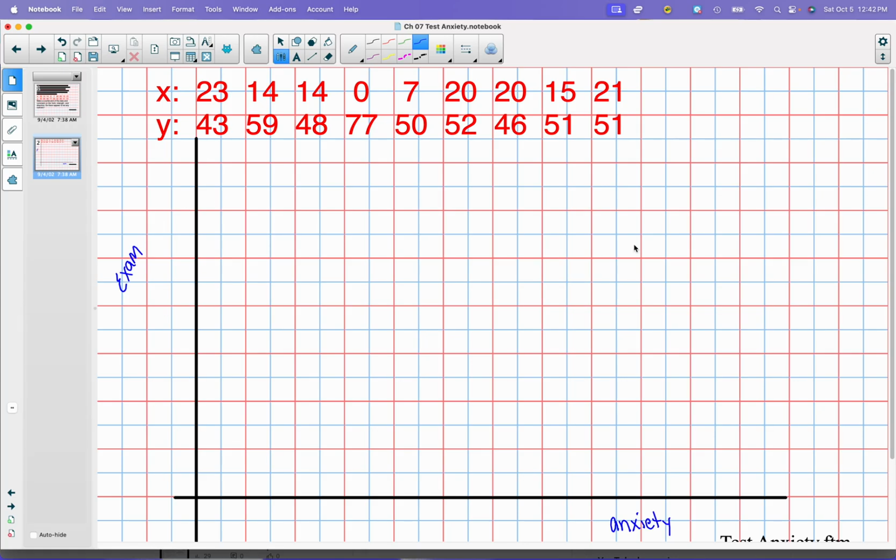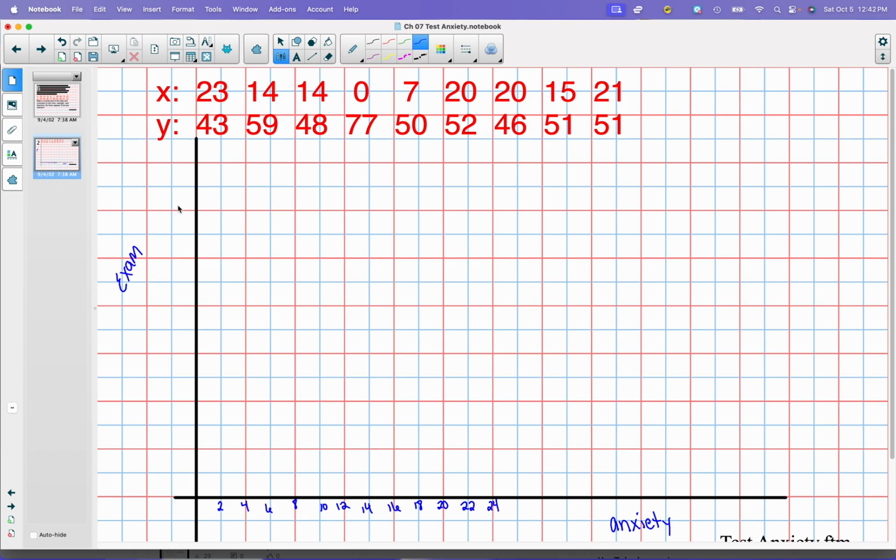So you're going to have to decide how to scale your graph. So in the x direction, I have to go from 0 to 23. And I don't want to count by fives and make it all scrunched together. So maybe counting by twos along here. Okay.